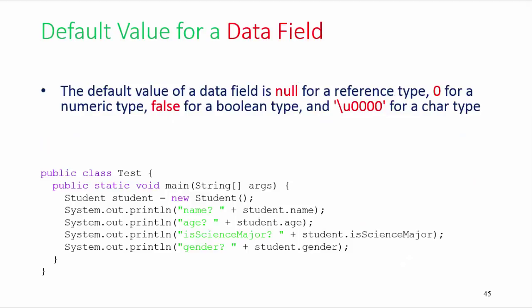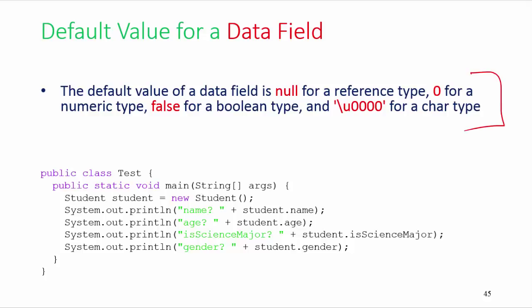Let's talk now about default values for local variables. It's an important thing to understand because this is a source of a lot of bugs. First, sorry, I went ahead of myself: the default values for a data field. We covered that already, like 99%. The default values for a data field are the values listed before.